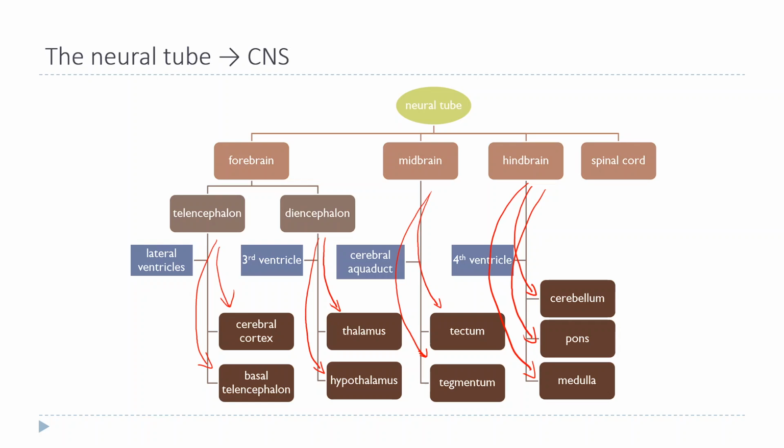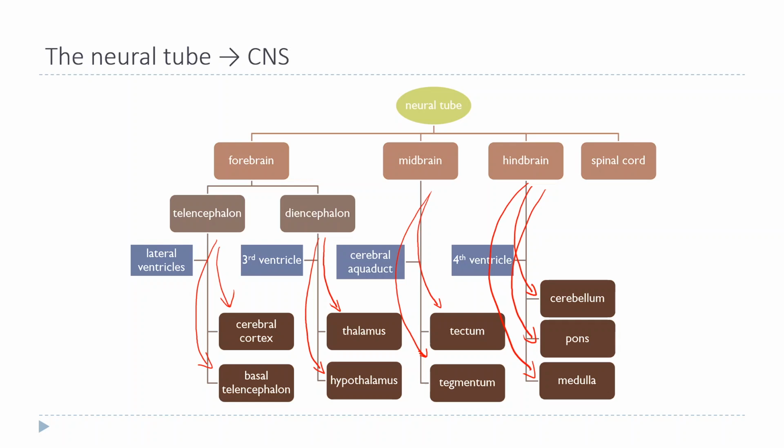So if you're wondering how much of this you're going to need to know, basically these regions here, the 4 main divisions of the neural tube, and then what they eventually grow into. We're not getting into too much detail right now because we're going to come back to a lot of these. We're going to come back and talk about the cerebral cortex a lot, especially as we get into the sensory systems.